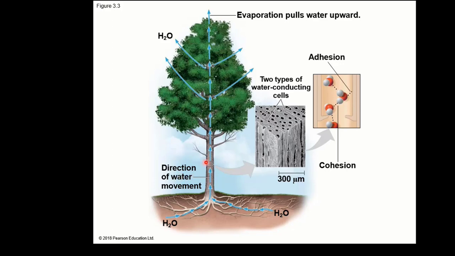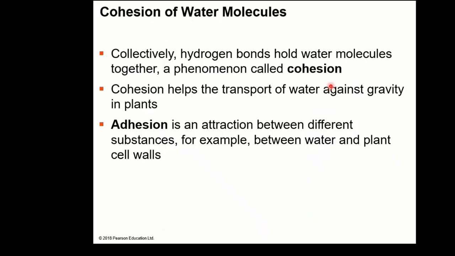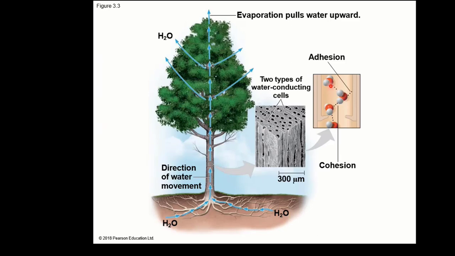Here is the direction of water movement as it's taken up by evaporation. Then there's adhesion, the attraction between water and the plant cell walls.